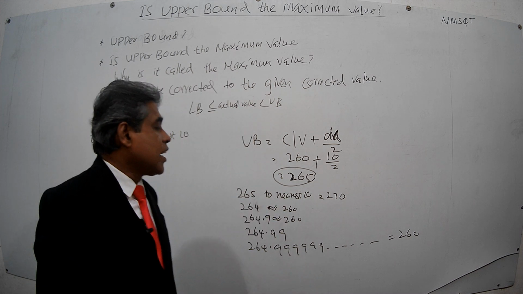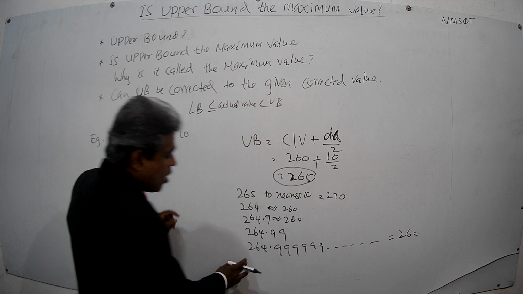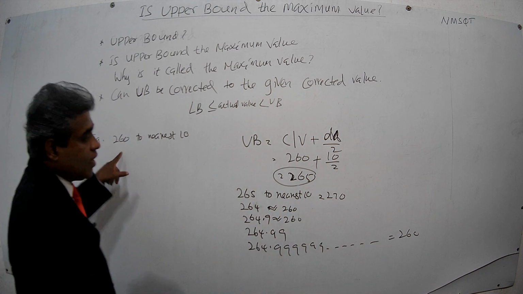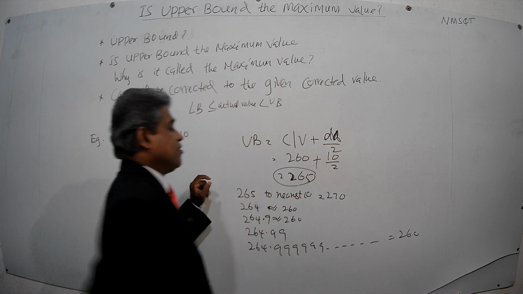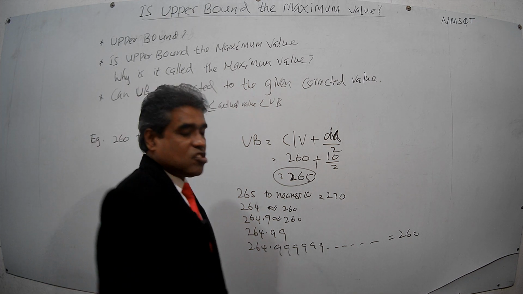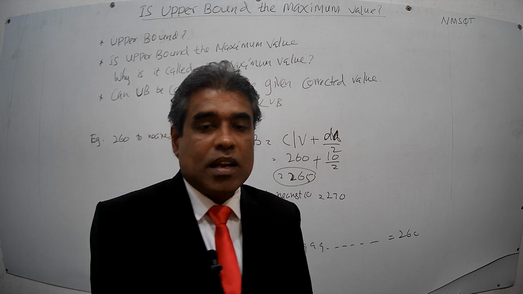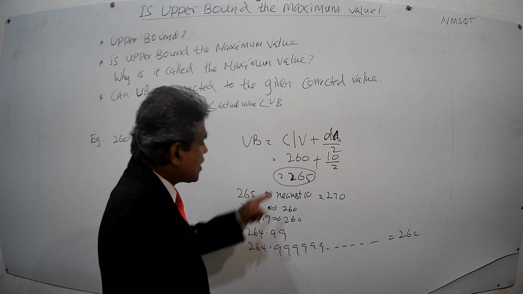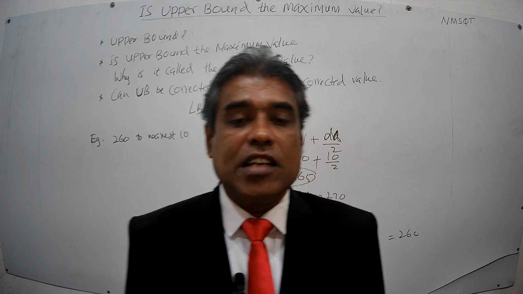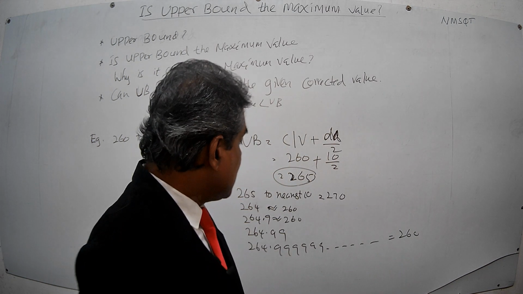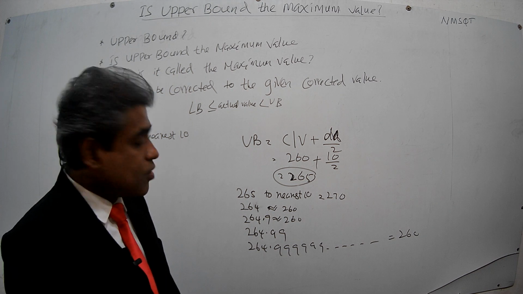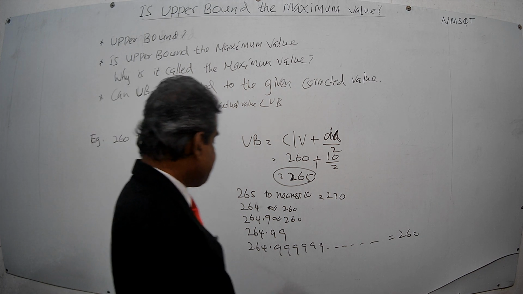It is an extremely small difference between the highest value that can be rounded to 260 and the upper bound 265. Therefore, as that difference is extremely negligible, we can call 265 the maximum value roundable to 260, right?